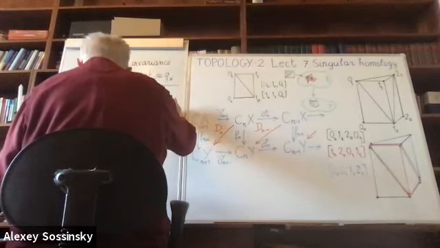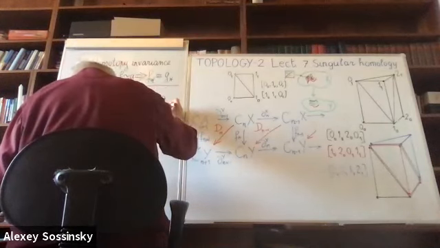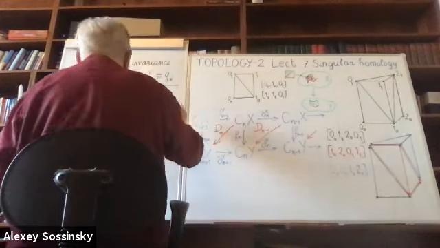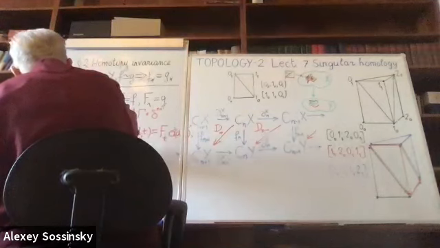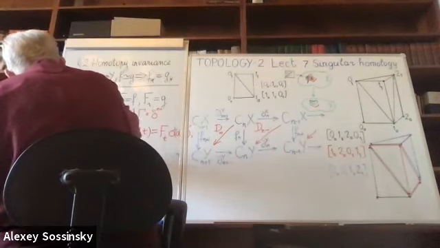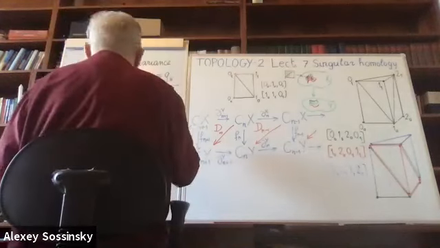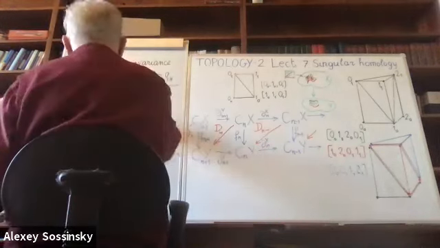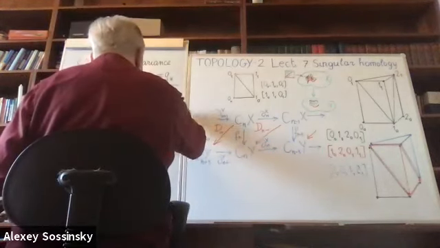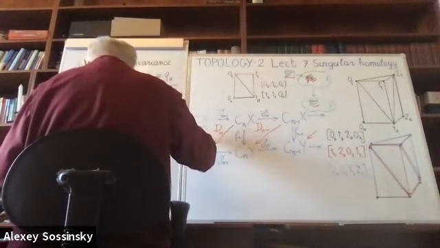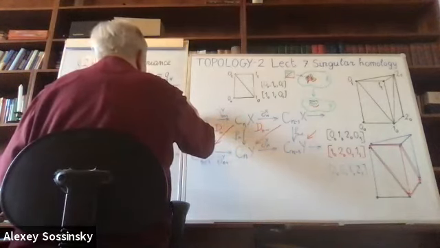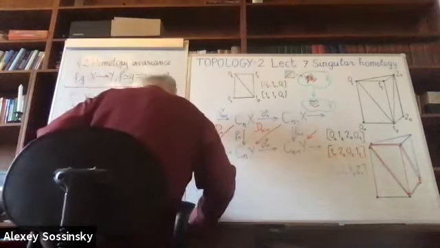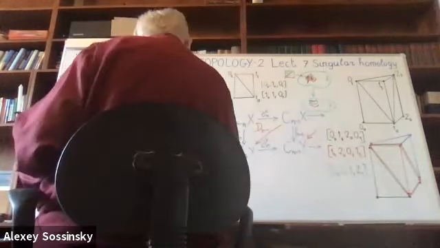Oops, sorry. This was not epsilon, it was delta. Delta_{n+1} applied is this, which is an element, as you can see, of C_{n+1}(X). And then I extend by linearity.